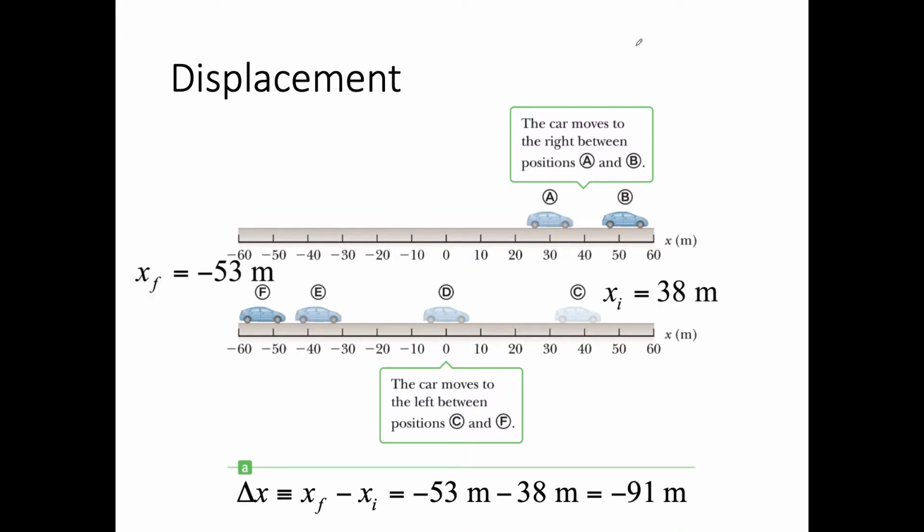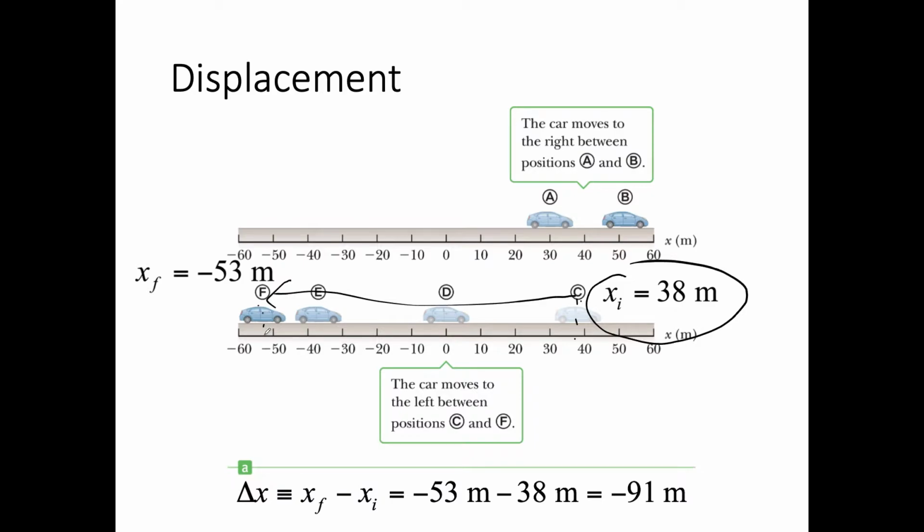Now we look at the movement from C to F. The initial position x_i, at C, is 38 meters, and the car eventually stopped at position F with position negative 53 meters.